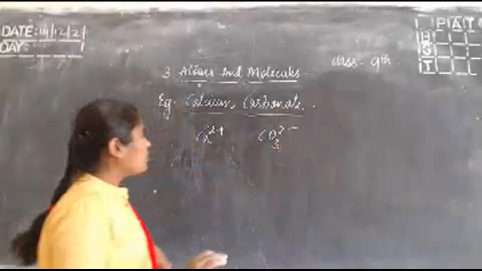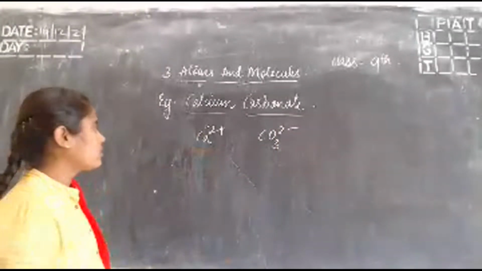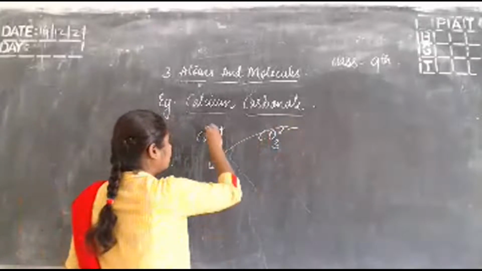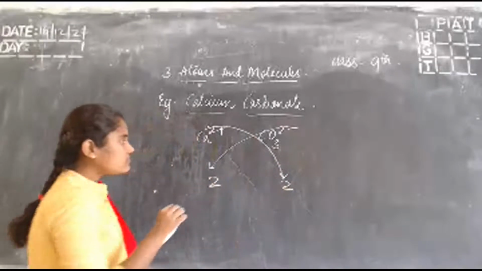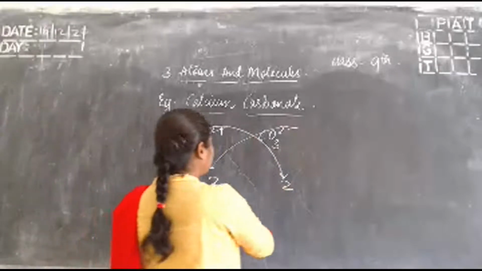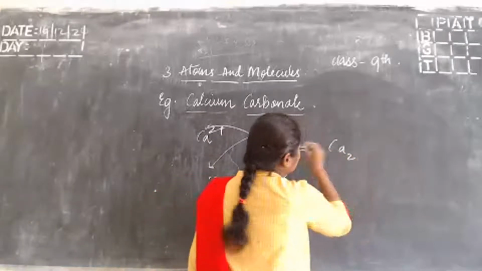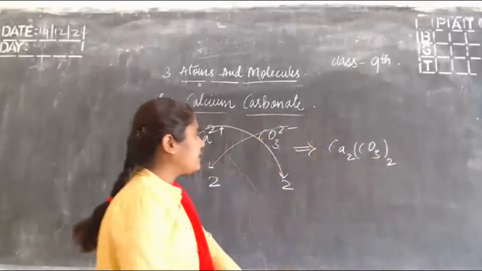How to write the chemical formula of this compound is now the question. What you need to do is bring this to this side and this to this side. So write 2, then 2. Now you can write Ca2(CO3)2.